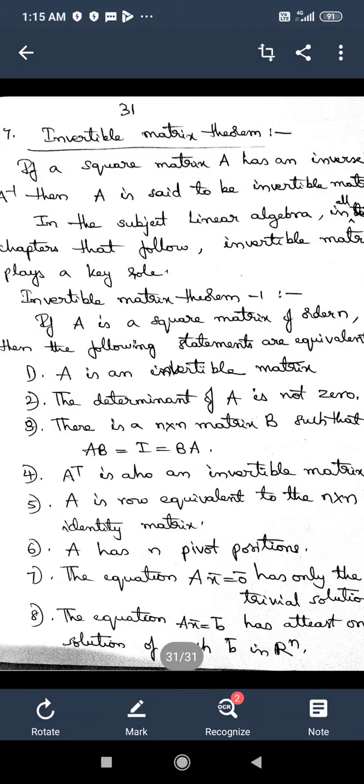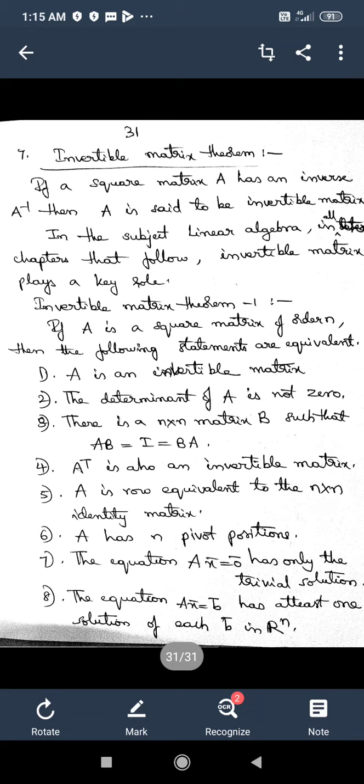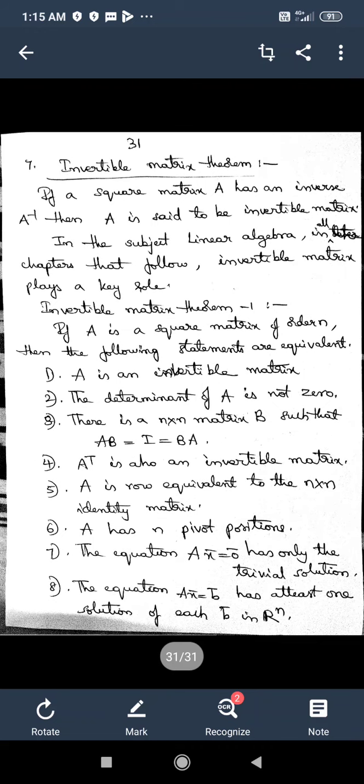What does the invertible matrix theorem state? If A is a square matrix of order n, then the following statements are equivalent. That means there are 8 statements, and each of them is equivalent to all the other statements.